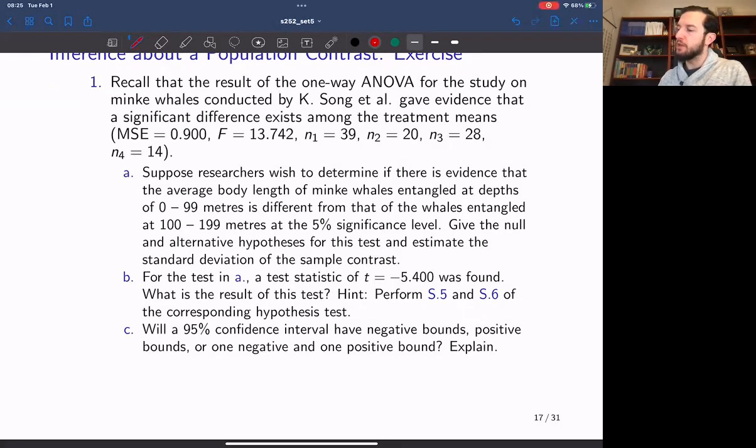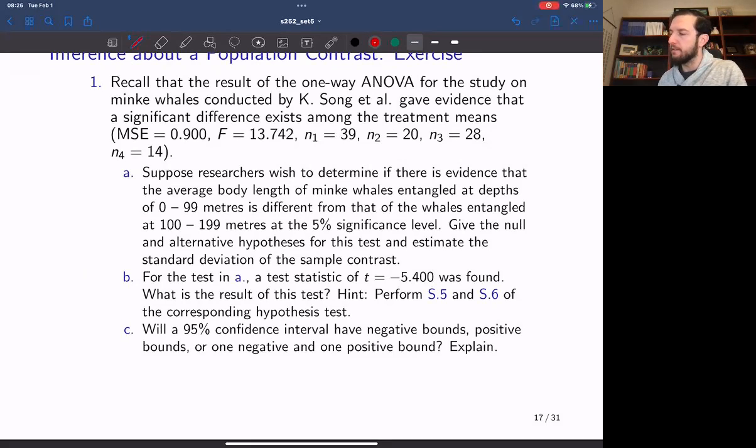From that illustration, we found the mean squared error was 0.9. We had an F value of 13.742, and our sample sizes are also given here. From the ANOVA, we determined that there was evidence of a difference. So now what we're going to do is start building contrasts to see if we can locate some of the differences, and then we'll talk about a more efficient way of determining where the difference lies.